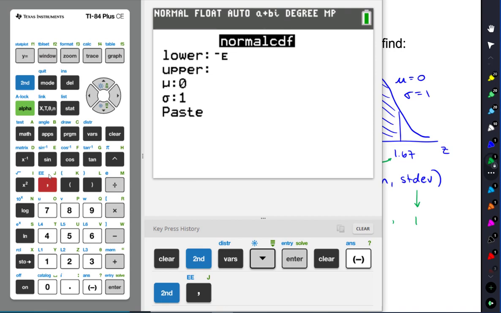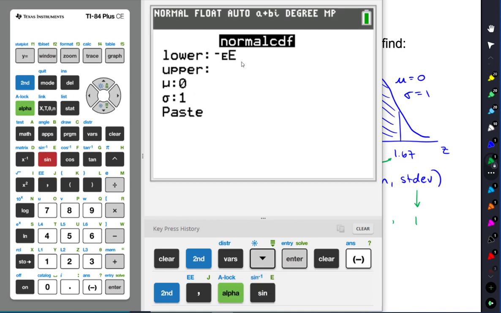It's a small capital E. So be careful not to use alpha E. See, that's a larger capital E. And that's a memory location, and who knows what could be stored in there. By default, it's probably 0, but it could be anything. So regardless, that's not what we want.